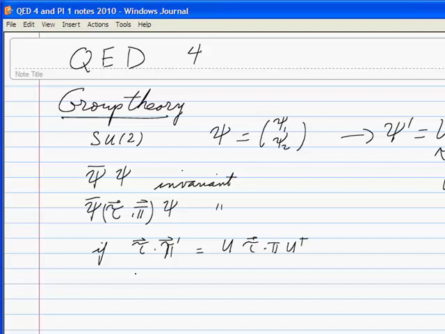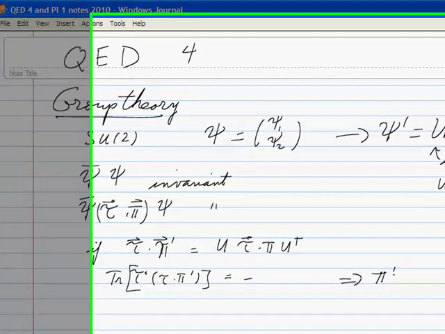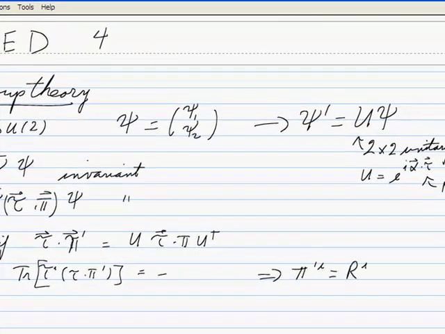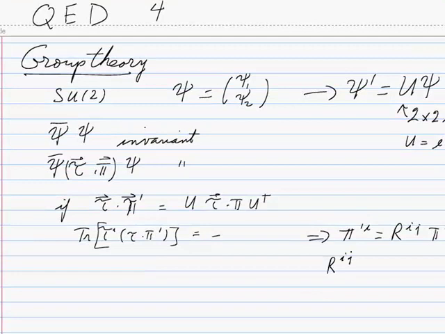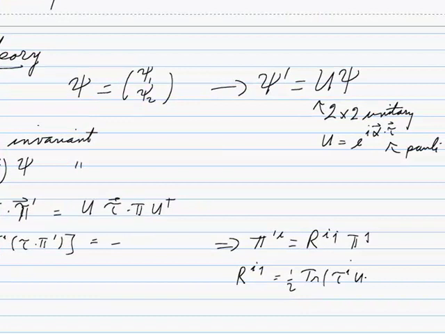So if I take the trace of tau i tau dot pi prime and work that out, you take the trace on the other side too, that ends up telling us that pi prime i is some R_ij pi j, and you can work out what R_ij is if you want. R_ij is 1/2 trace of tau i U tau j U dagger.